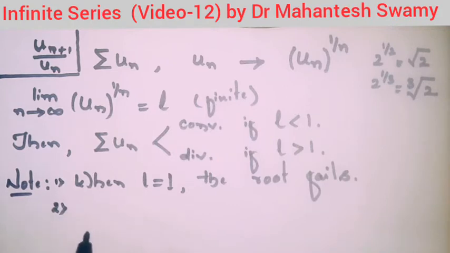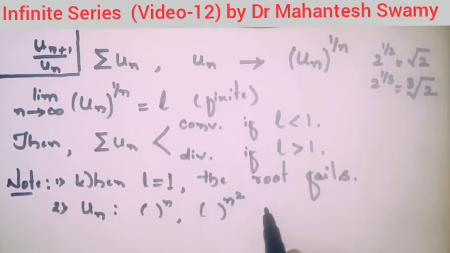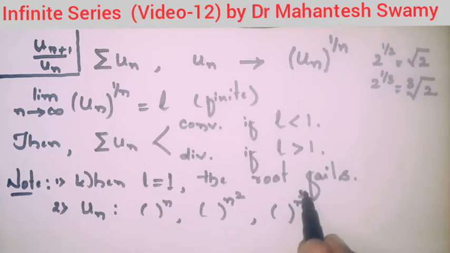This test is applicable when the nth term un of the given series involves terms with power n, that is, some term whole to the power n, some term whole to the power n square, some terms with power n to the power 3 by 2, etc. If this type of thing appears, then it is advised to make use of Cauchy's root test.